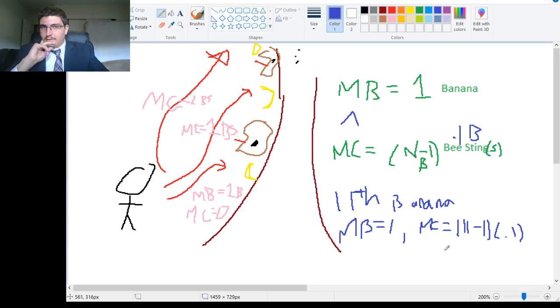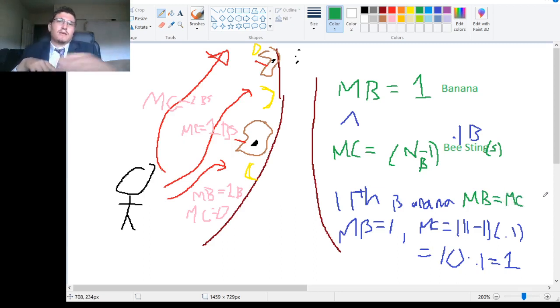Boy, this does not come out well. Sorry about that. The ones do not look very good here. Anyways, it's going to be 10 times that 0.1, which is going to give us a marginal cost of 1.